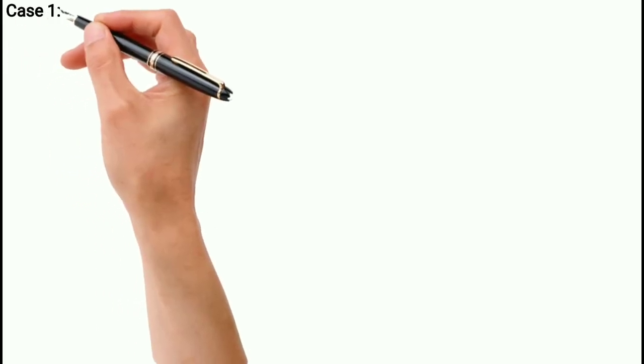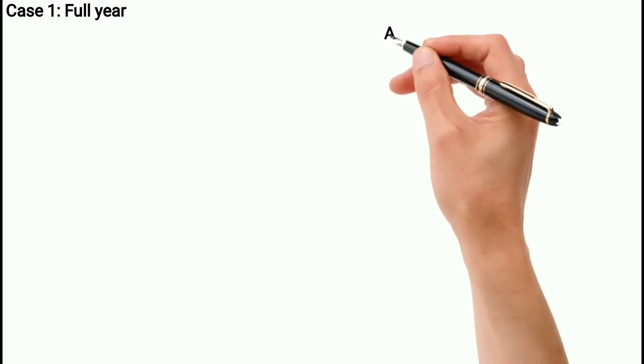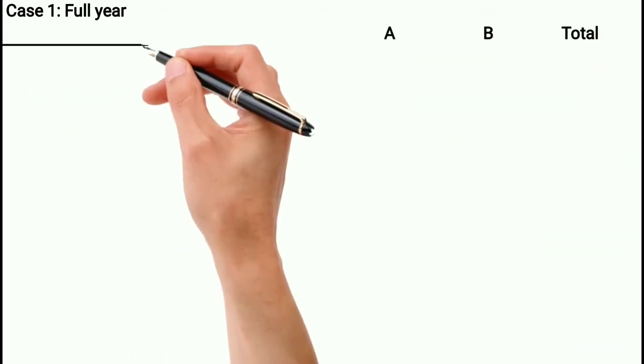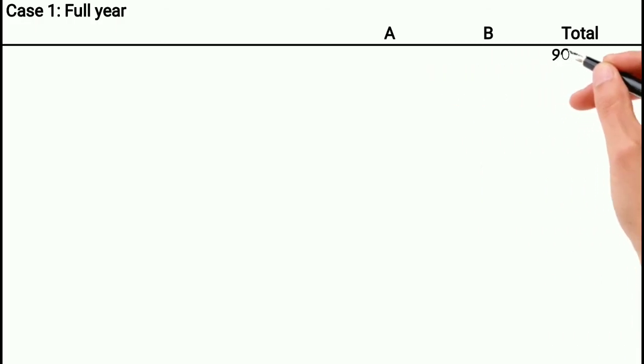Let's start with Case 1, full year. Ang requirement, provide the journal entry to close the income summary account to the partners' respective capital accounts. Ang profit dito ay 90,000 pesos. Yan yung profit before salaries, bonus, and interest on capital.